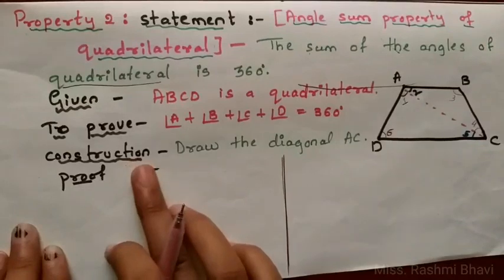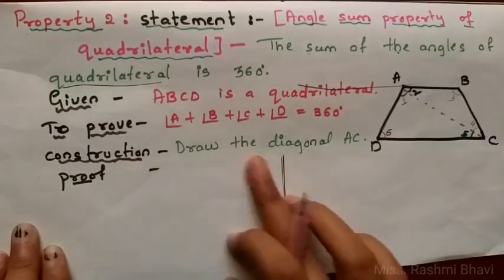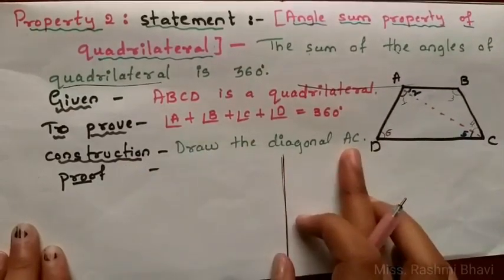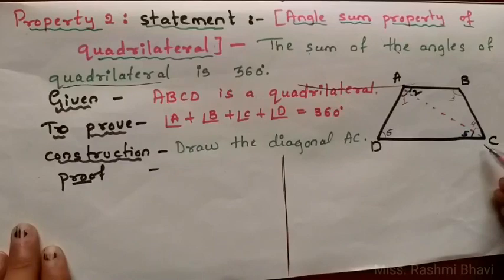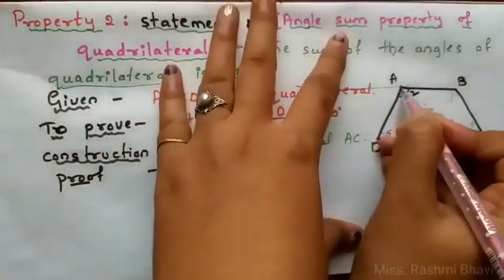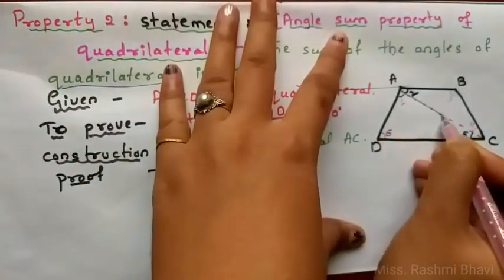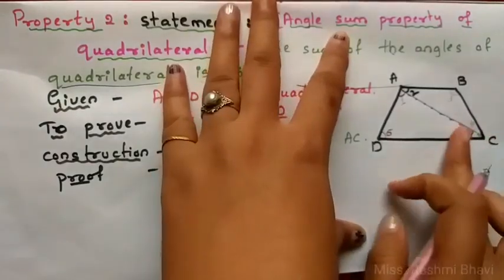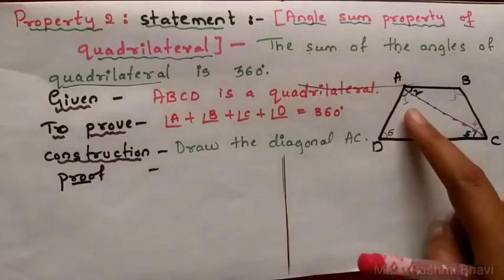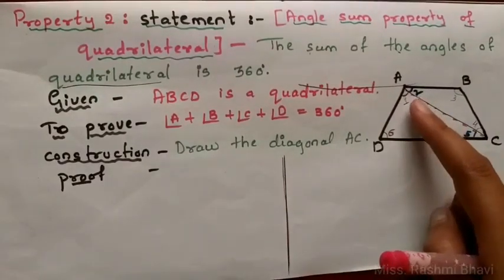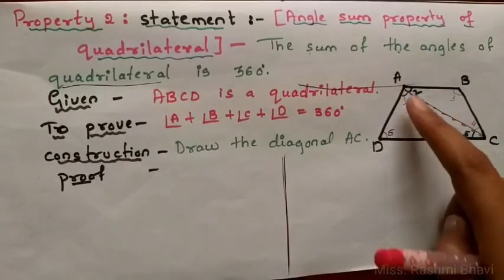The construction is to draw the diagonal AC. A and C are non-consecutive vertices, so I will draw the diagonal here. Here, we don't know the interior angles' names, so we have to name the interior angles.